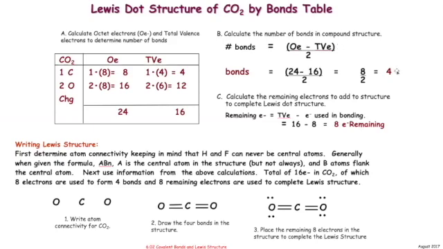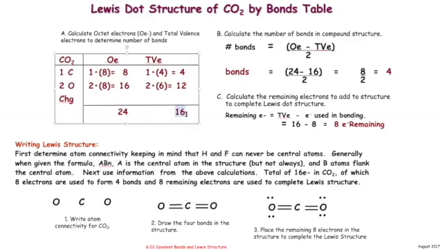It just works out when you do this bond table. That's why I prefer the bond table when it comes to complicated structures, because it always gives you that answer. It never fails, except for the exception. And the exception you just have to remember. Now, remember I told you that you use 8 electrons for bonding out of the 24, out of the 16.